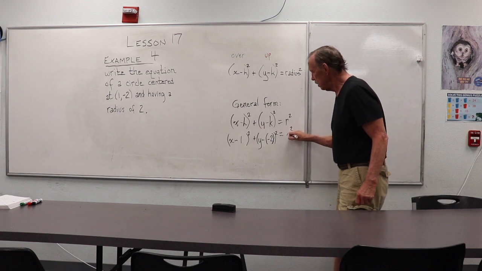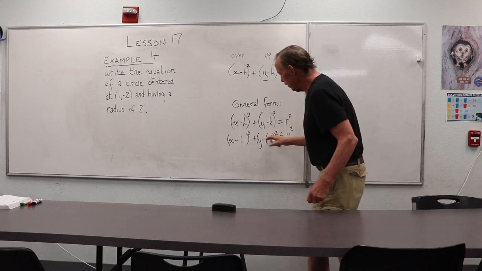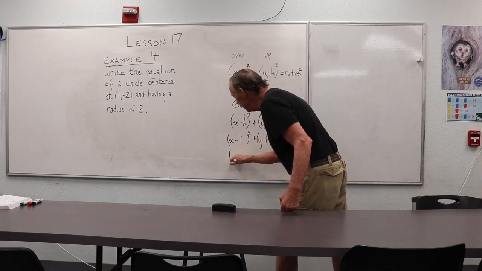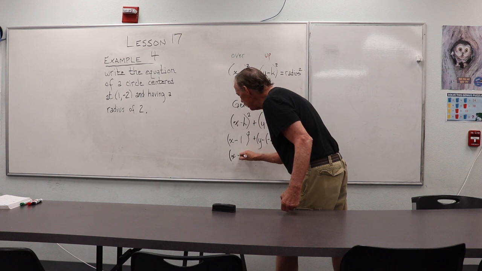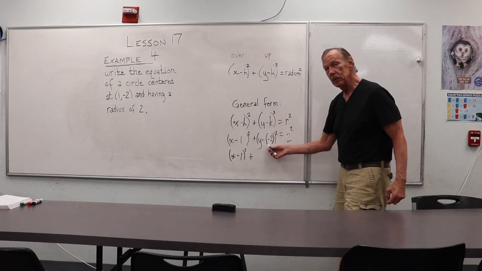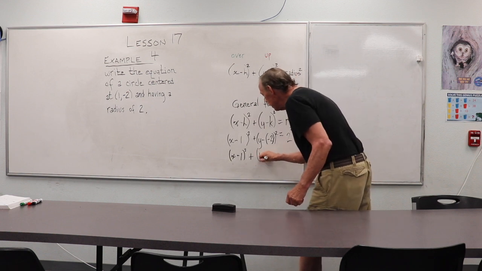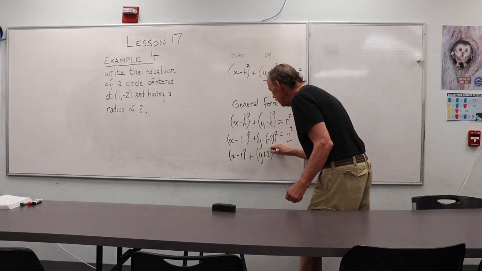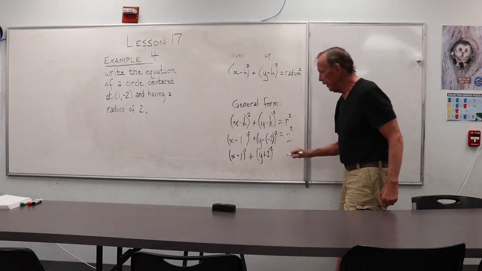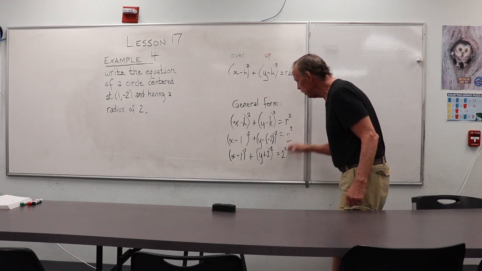Radius, 2. Now, this stays x minus 1 quantity squared, but this guy has minus a minus, which becomes a plus. So we have y plus 2 squared is the radius squared.